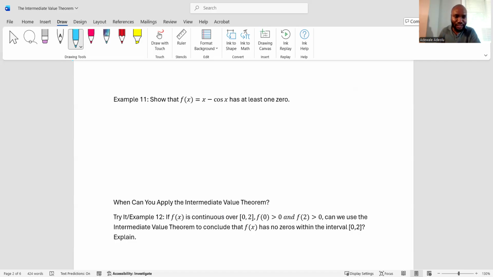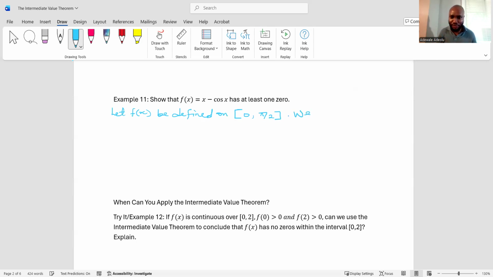So I will say let f of x be defined on, I can choose [0, pi over 2]. That is between 0 and 90, [0, pi over 2].